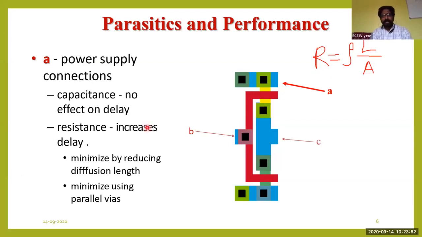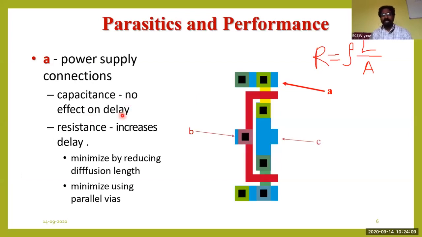Now you can see that in this area of the power supply, the capacitance formed here will have a lesser impact upon the entire circuit. Therefore, there is no effect on the delay part. How to understand this delay?